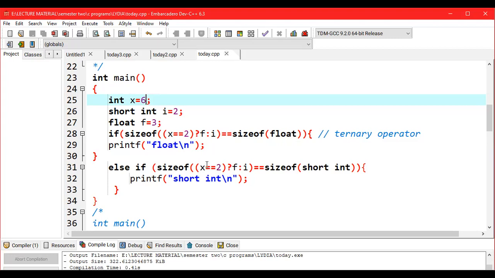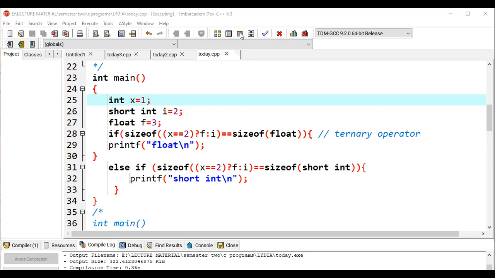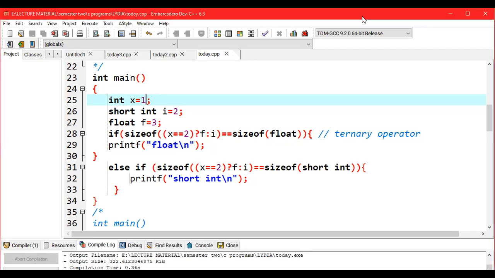They are comparing, but I don't know how they are comparing it now. Because if I put a 1, it became a float. Because x is exactly equal to 2, then of course this one is wrong, so it has to evaluate the second function, which will be I.